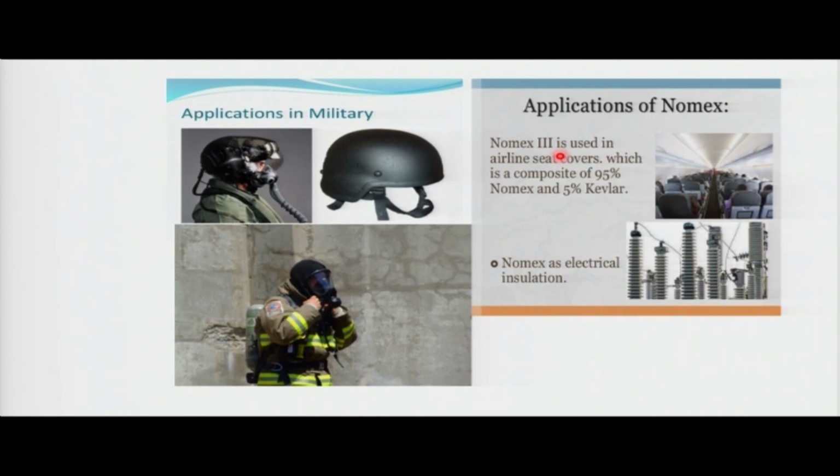Because Nomex, we have seen, is fire resistant. In the case of fire, it can withstand very high temperatures. Then even Kevlar. So Nomex is also used as electrical insulation because of its what? Strength. So as we've seen, Nomex and Kevlar find very many what? Applications. This time we have shown them in the form of pictures.